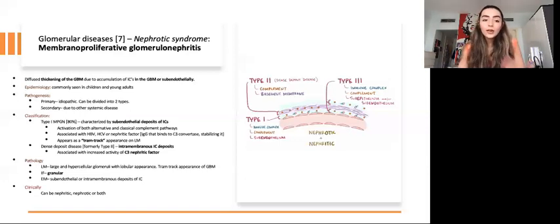Immunofluorescence is granular, and on electron microscopy, you have subendothelial or intramembranous depositions of immune complexes. And then clinically, it can show as nephrotic syndrome or nephritic syndrome, which we will get into in more detail later, or even a mixture of both of them.